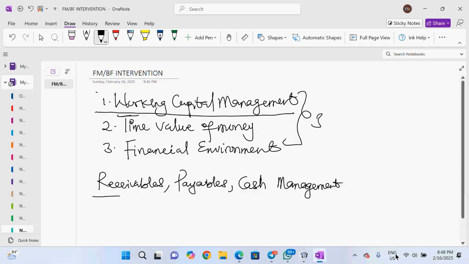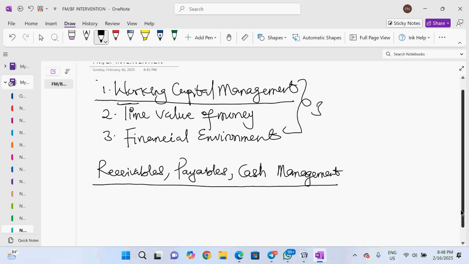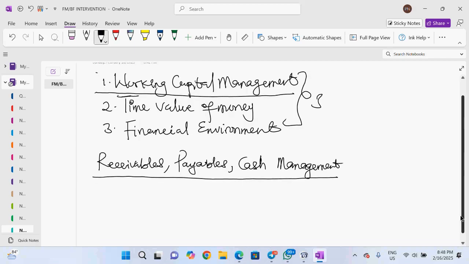These are the key working capital management areas we'll be talking about.